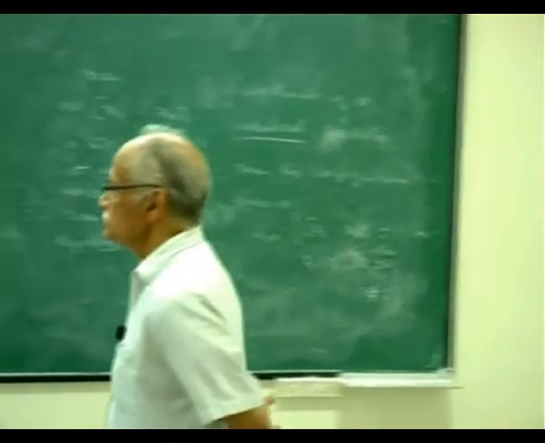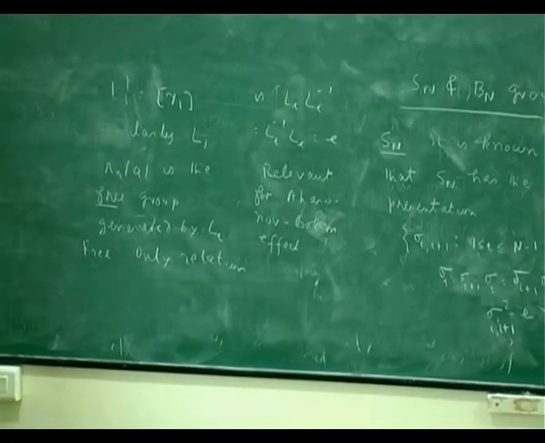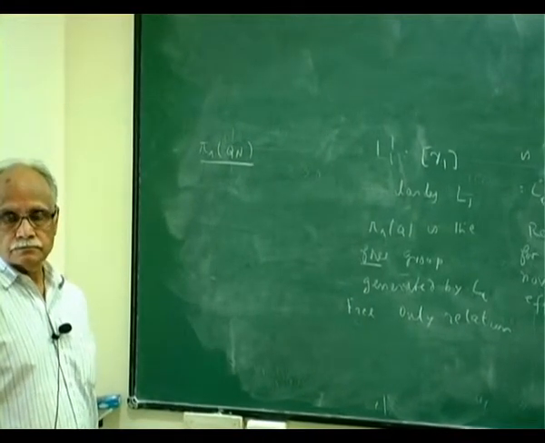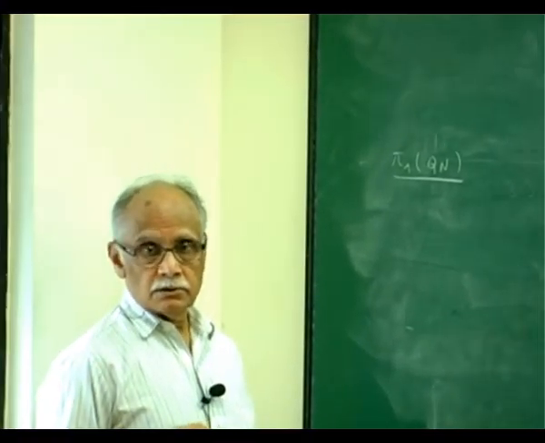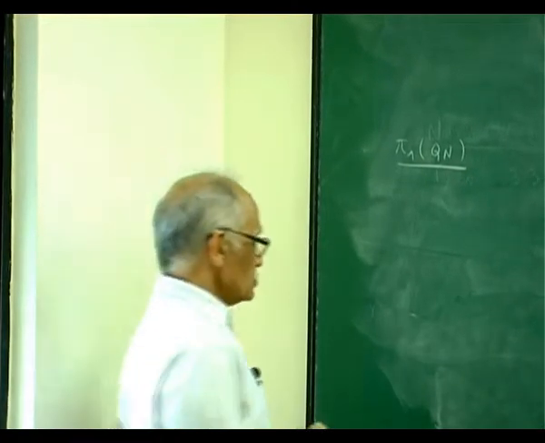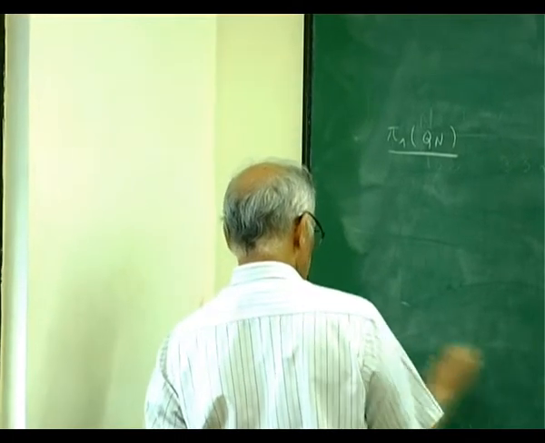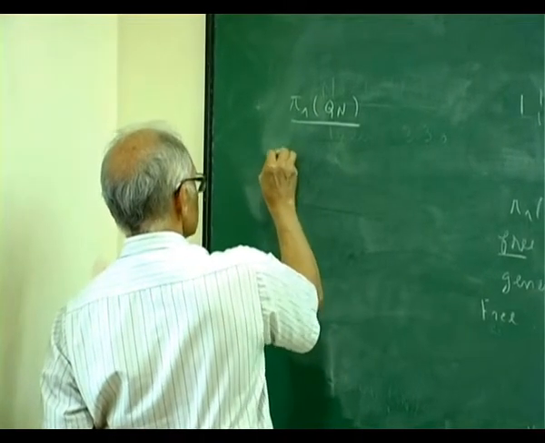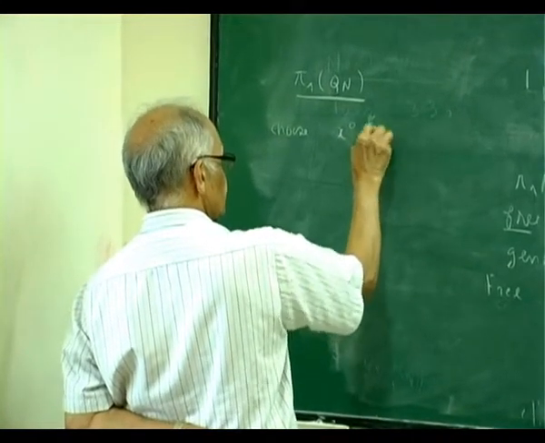Now, I want to compute the fundamental group of Qn. I am thinking of this whole thing in 3 dimensions. So we choose some fiducial points, call it x0, and this is this unordered set.